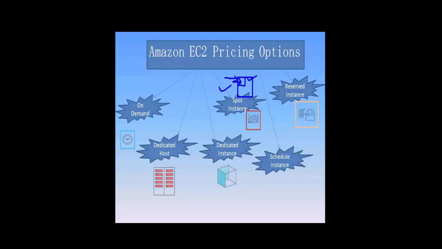Next is the reserve instance. It's totally reserved for you. Reserve means you know that you're going to start a project after 6 months, and for that you require a certain number of servers with a particular capacity. You tell Amazon in advance that after 6 months you require this many servers with this capacity.